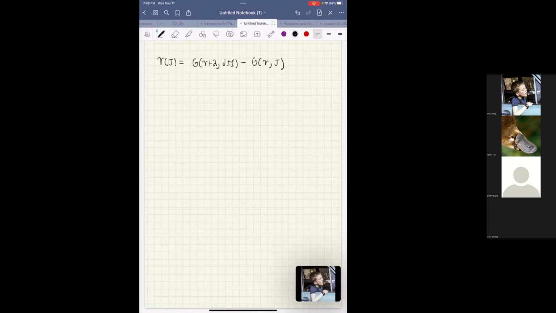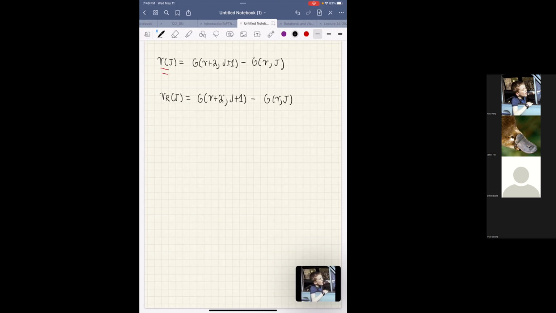So the lines tell you the difference between the two energy states, and that's what νR is, what ν of J is. When you're talking about νR for the first overtone, it's v plus two, and this will be J plus one because it increases by one quantum level, minus G of v and J. Does that make sense?